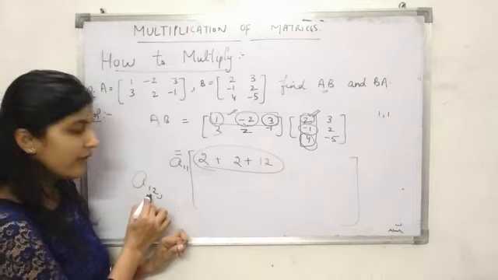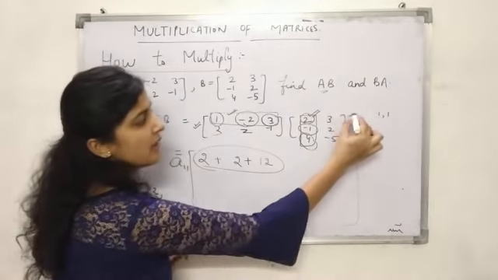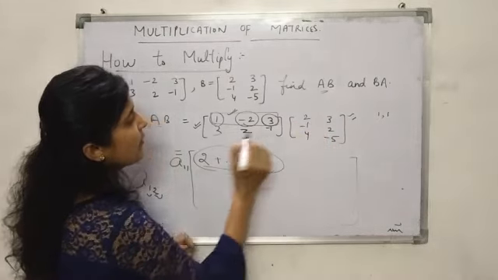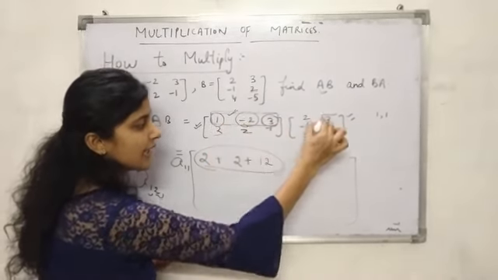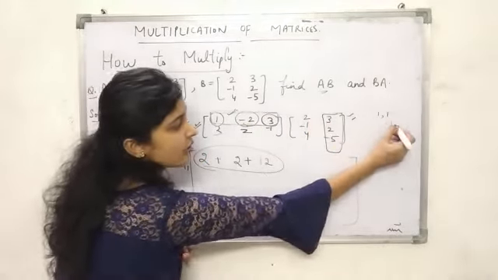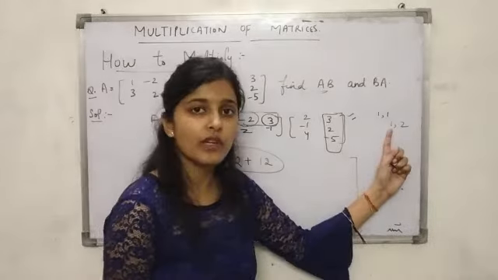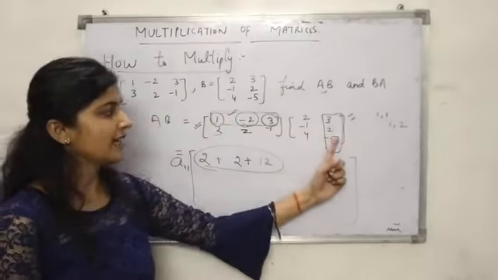So the first row will be picked up from here and the second column from here. You already know that the row is written first and the column after that. So first row and second column.